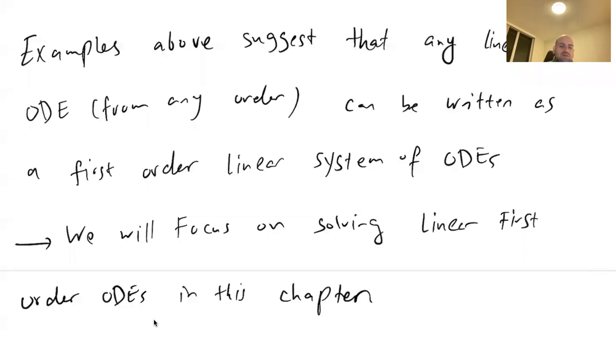This fact that any linear ODE can be written as a first order linear system proves and shows the significance of studying and solving first order linear systems. And for this reason, we will focus on solving first order linear systems in this chapter.